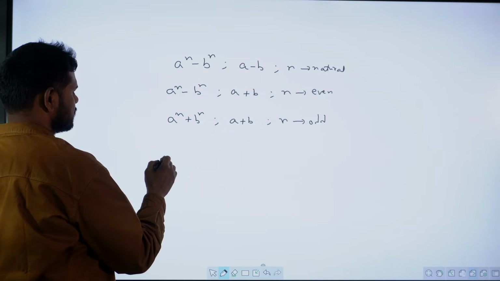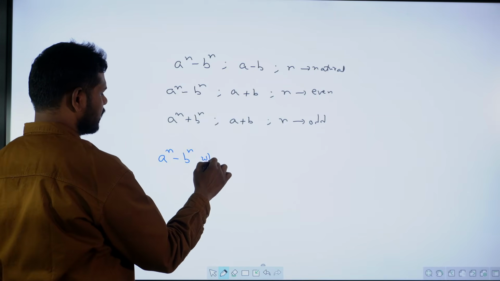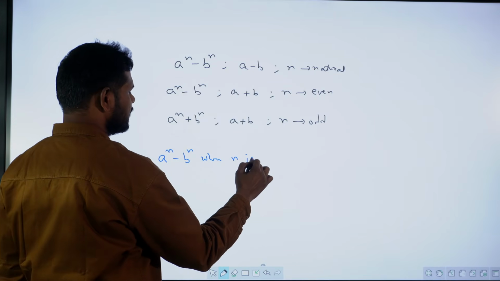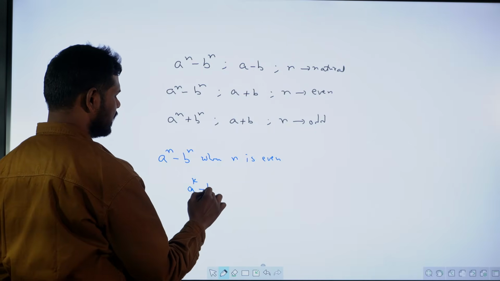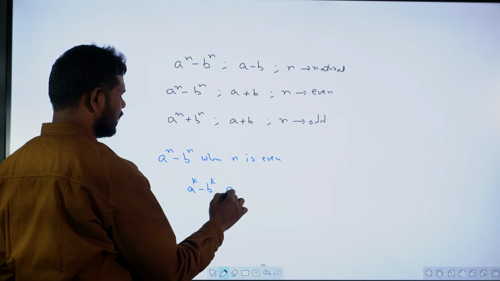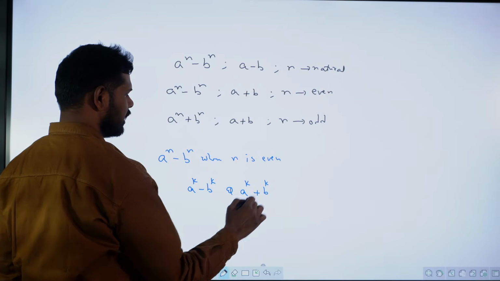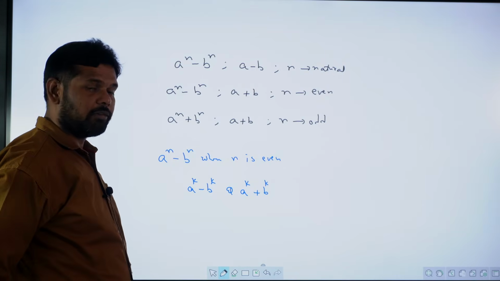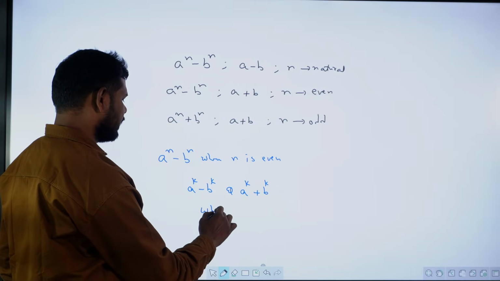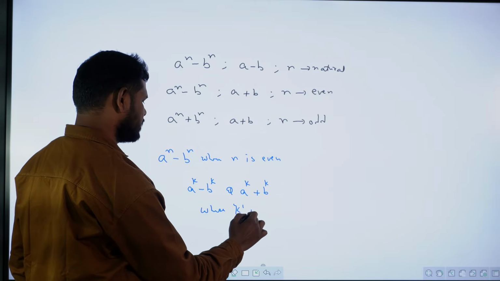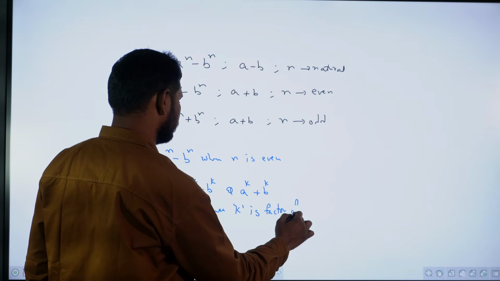In this case, a power n minus b power n, where n is even, is always divisible by a power k minus b power k, and a power k plus b power k also, where k is a factor of n.